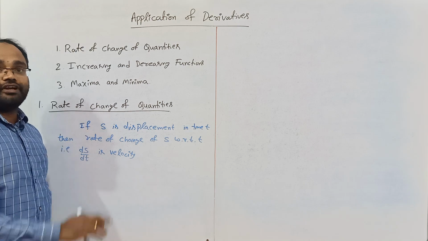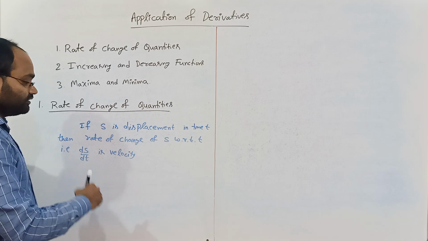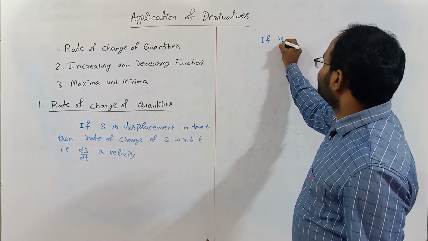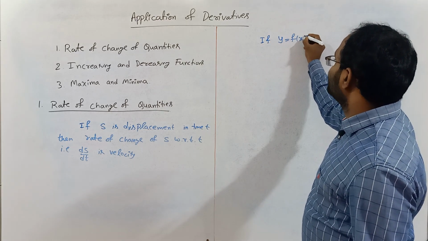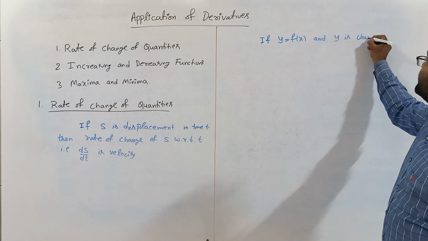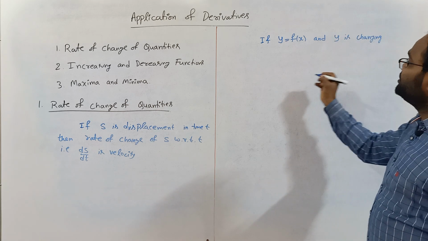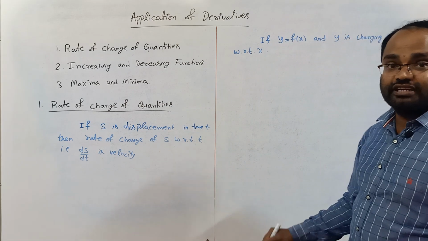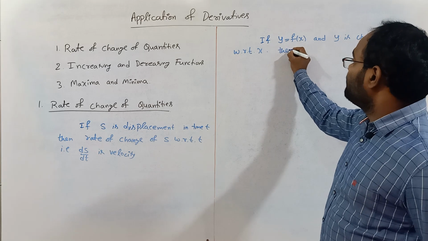In the same way, if we have the function y is equal to f of x and y is changing with respect to x, let us take, then what we can say about the quantity?